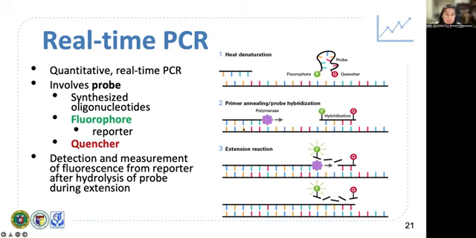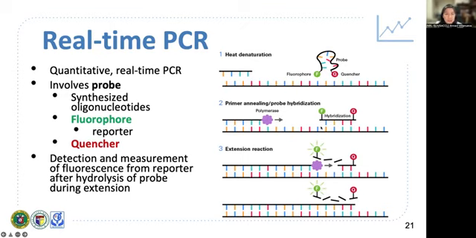In a sense, na si primer, di ba, it has synthesized oligonucleotides that are designed specific to target your DNA region of interest. Ganun din kay probe. In a sense, na you also design it to be able to anneal, to be able to attach or bind to a region of your template. So for example, ito yung region niya.